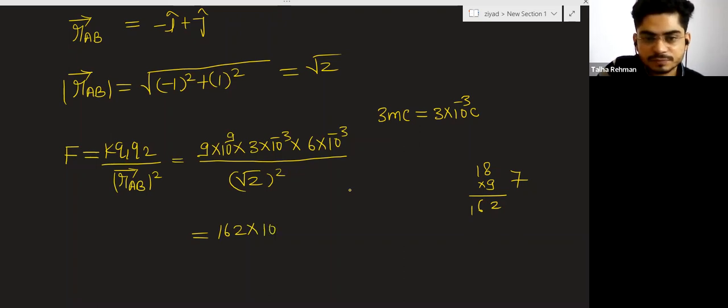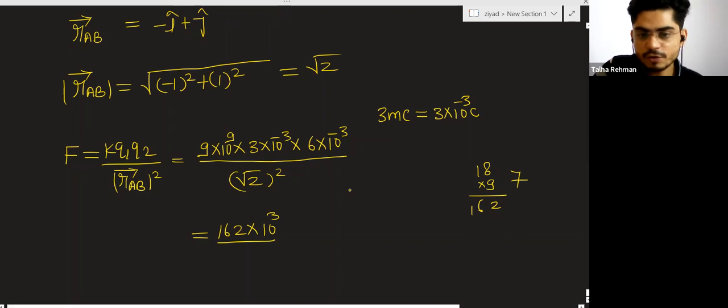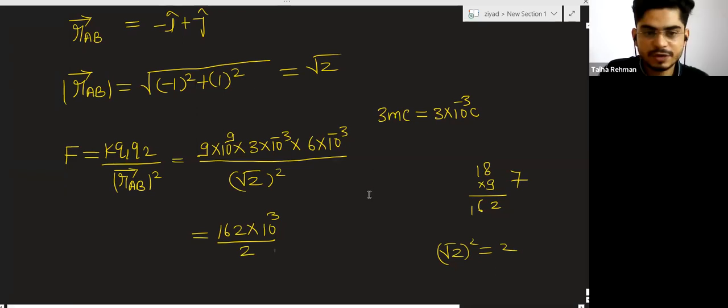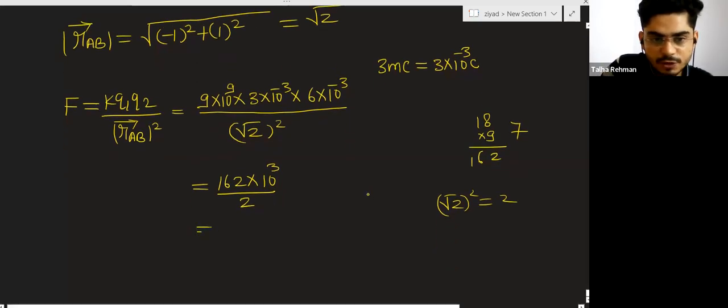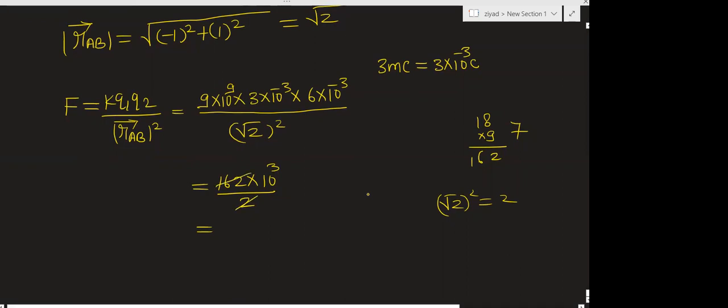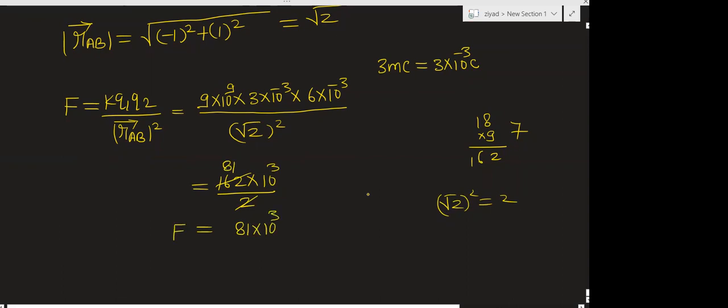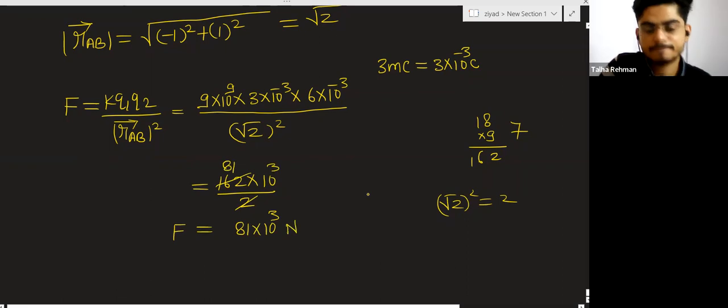And the square of root 2 will become 2. Now cancel it out. When you cancel it out, you will get 81 into 10 to the power 3. You will get the magnitude of force as this, in Newton.